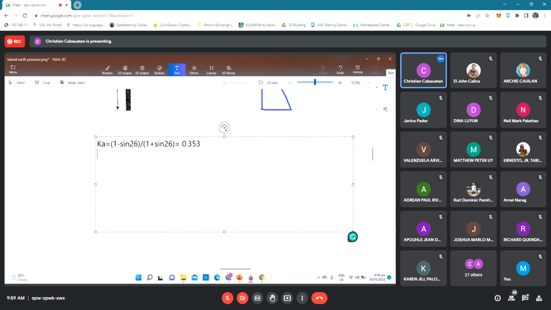So at the top first, PA, since it is active, is equal to Ka times your Q, the additional surcharge, minus 2 times your C times the square root of Ka. Therefore, input all the data.